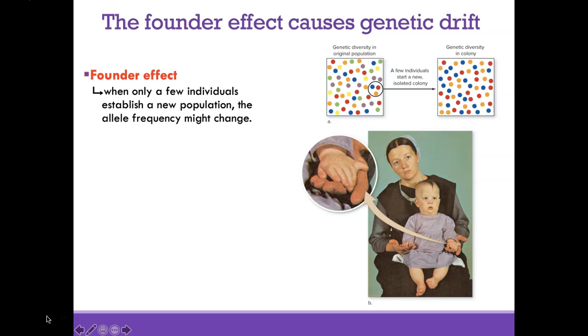So an example of the founder effect is the Amish people of Pennsylvania. About 200 followers of the Amish denomination came to North America from Switzerland in the 1700s, and only one couple of the 200 happened to have a recessive allele for a syndrome called Ellis-van Creveld syndrome, and it's very, very rare in the population.